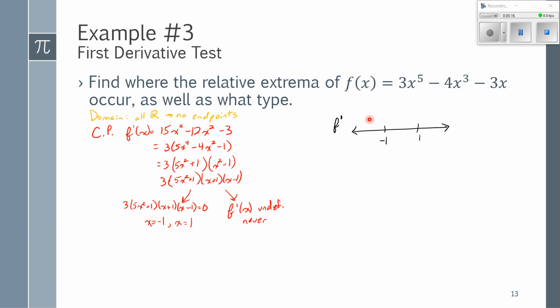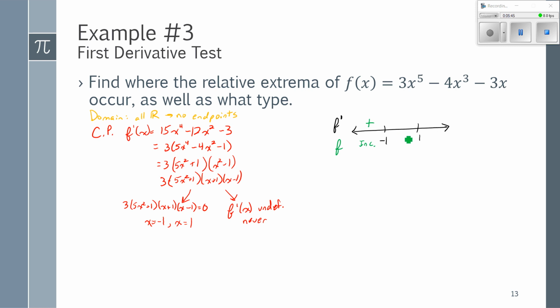This region, x's are less than -1. So I pick a number less than -1, like -2. If I plug that into my first derivative, I'm going to plug it into the factored part. I have a positive times a positive times a negative times a negative, which overall is going to be positive. This means that f is increasing there. Then I have the region between -1 and 1.